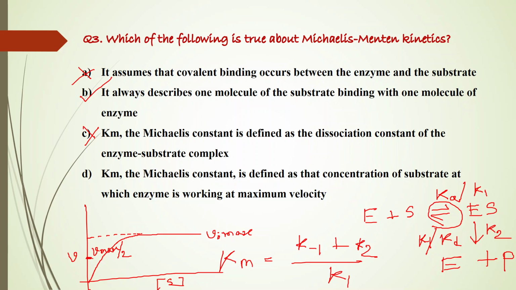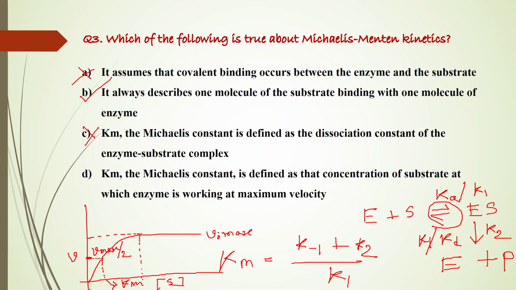You go to the curve, and that particular substrate concentration will be Km, where half of the maximum velocity is achieved. But the fourth option states that the substrate concentration corresponding to V0 max is the Km. From the basic definition, we know this is wrong.